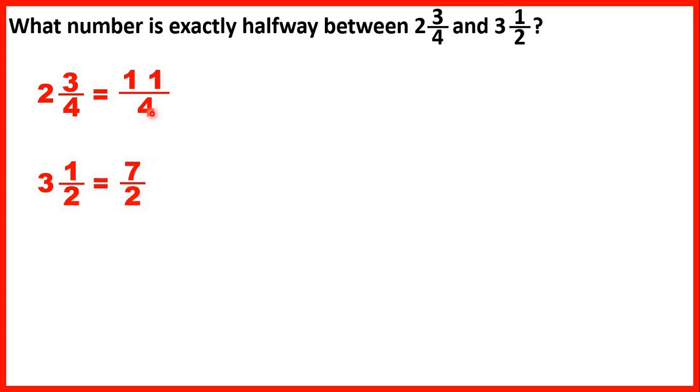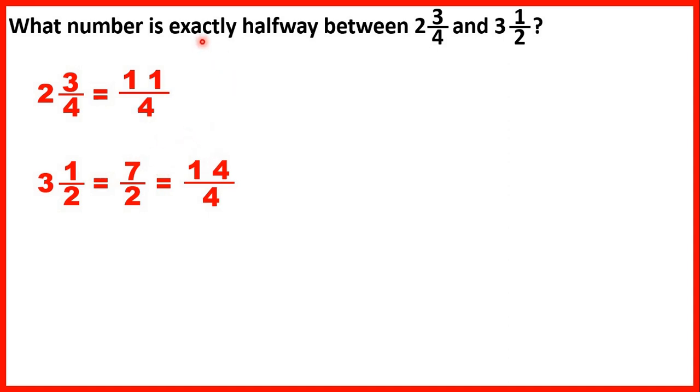But to compare fractions, or to find the number halfway between them, we need to make the denominators the same. Now 4 is in the 2 times table, so we can find an equivalent fraction for 7 halves with a denominator of 4. 2 times 2 is 4, 7 times 2 is 14.